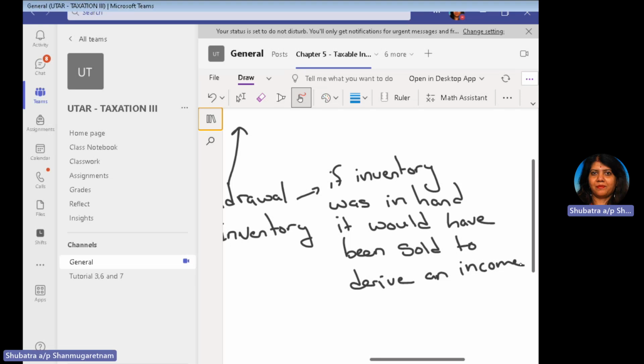But because you took it for yourself, now you deprived yourself from getting the income. You stopped yourself from getting the income.